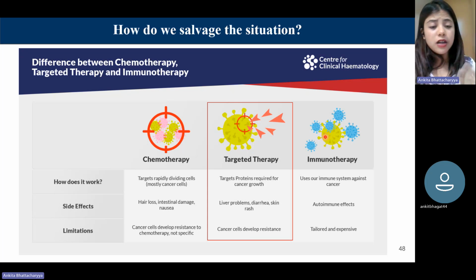The one which we are more familiar with, which we hear of more often, is chemotherapy. Then comes targeted therapy and then immunotherapy. In today's class, what we will be discussing in a lot of detail is what targeted therapy is and what it means. So let's just quickly go through a glimpse of what these definitions exactly entail.